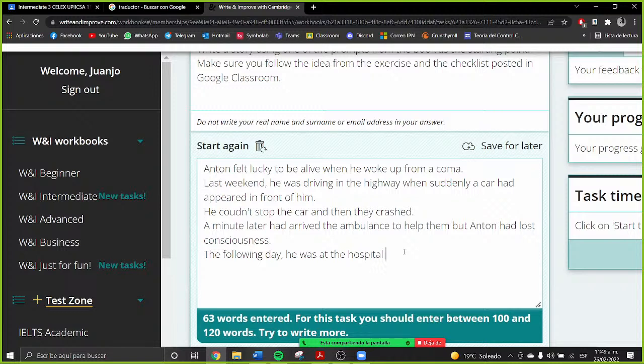Sunday first. A minute later the ambulance arrived to help us, but Anton had lost consciousness. The following day he was at the hospital. I think this condition hadn't improved. Pero su condición o su estado no estaba mejor. But he didn't remember anything, and his condition.